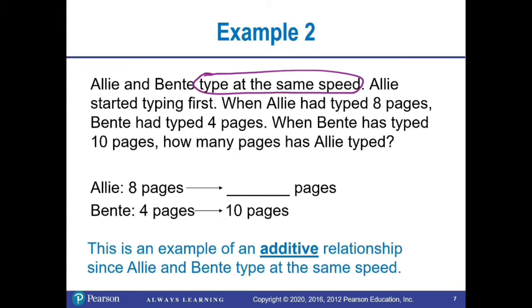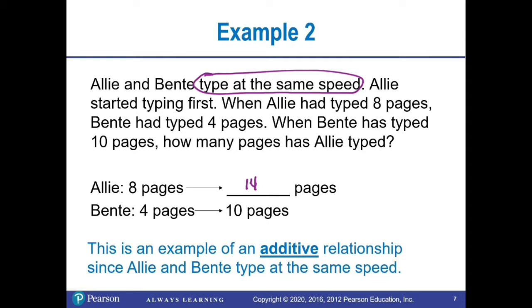This tells us that we have an additive relationship. Binti typed 4 pages, Allie typed 8 pages, or 4 more pages. So when Binti has typed 10 pages, they're typing at the same speed, so Allie will again have typed 4 more pages, and 10 plus 4 is 14.